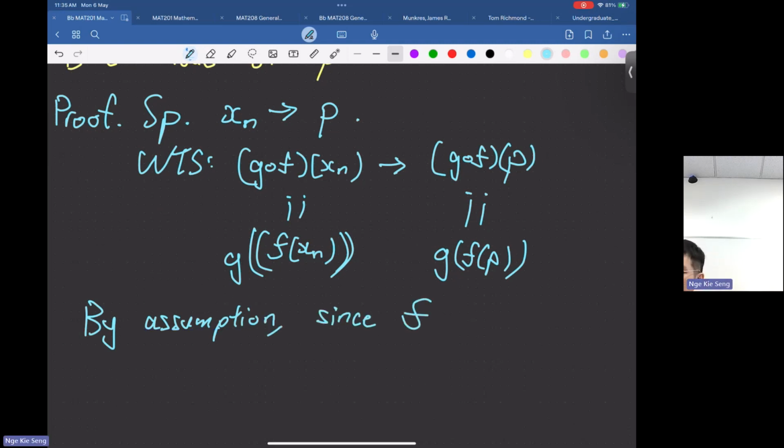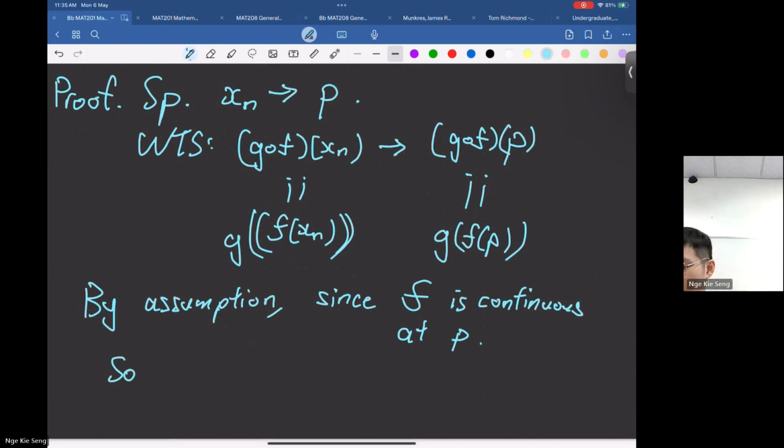What do we get if f is continuous? Where is f continuous? Continuous at p. So I have a sequence s_n converging to p, f is continuous, so f(s_n) will converge to f(p).